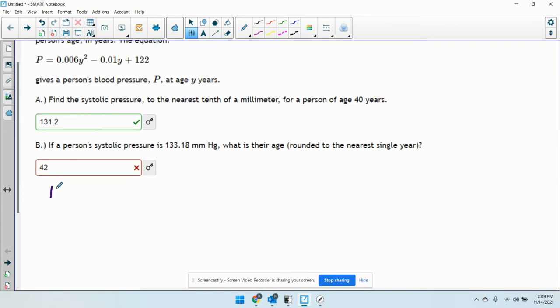So we have 133.18 equals 0.006 y squared minus 0.01 y plus 122. I have a y squared and a y term, so I have to get everything on the one side. So I'm going to subtract this from both sides.